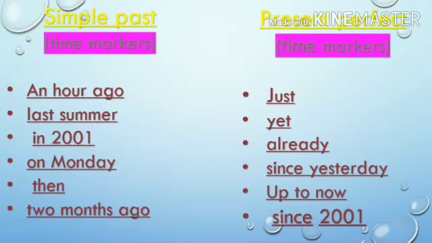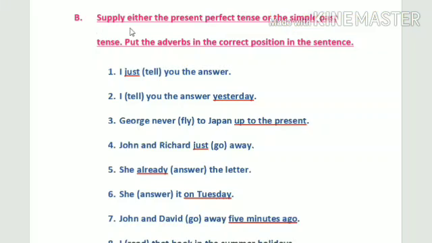Okay, now here you have to do this exercise given in the book, page 28. Here it says, supply either the present perfect tense or the simple past tense. Put the adverbs in the correct position in the sentence. So you have to write these sentences either in the present perfect tense or in the simple past tense.